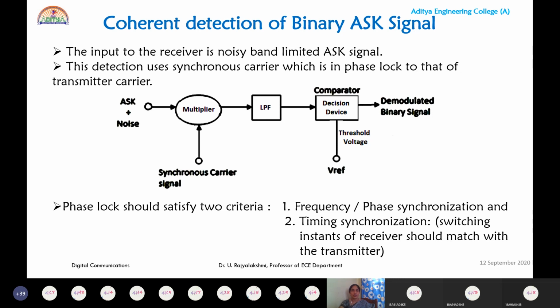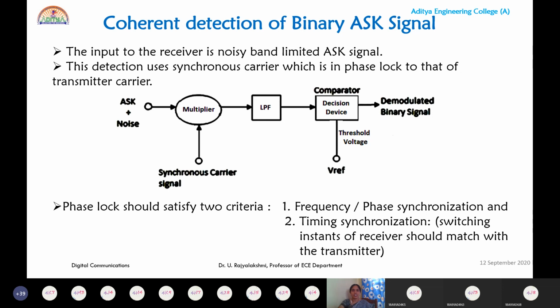The multiplier output is fed to the low pass filter. We know that the low pass filter smoothens the output of the multiplier by eliminating the higher frequency components. The output of the low pass filter is compared with the reference voltage. What is this reference voltage? This is a predefined threshold value, applied as one of the inputs to the decision device.